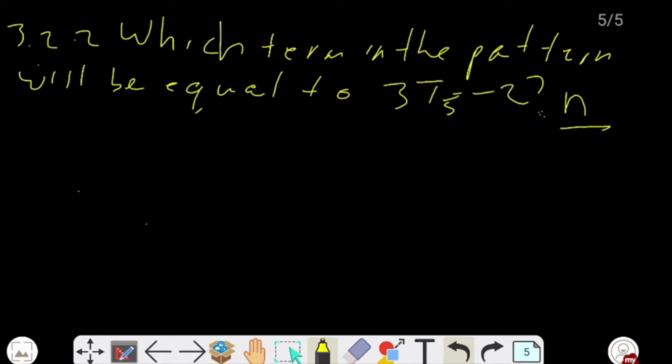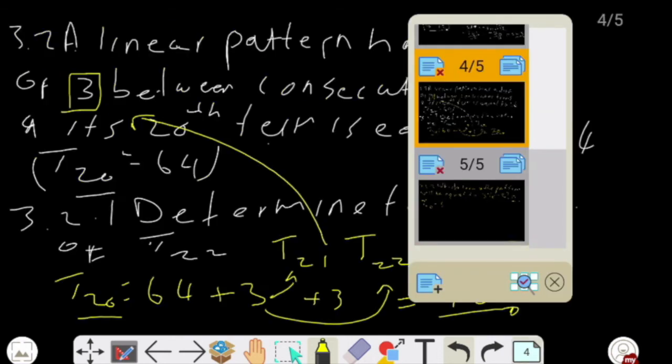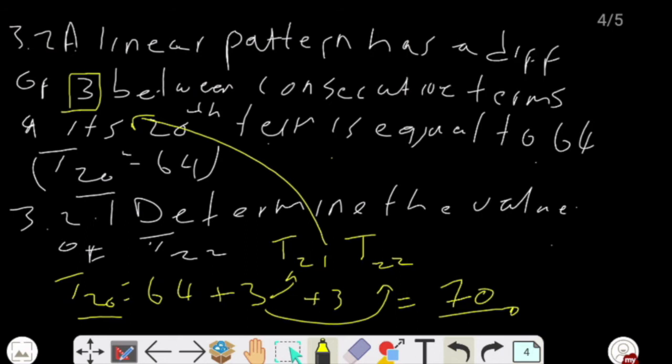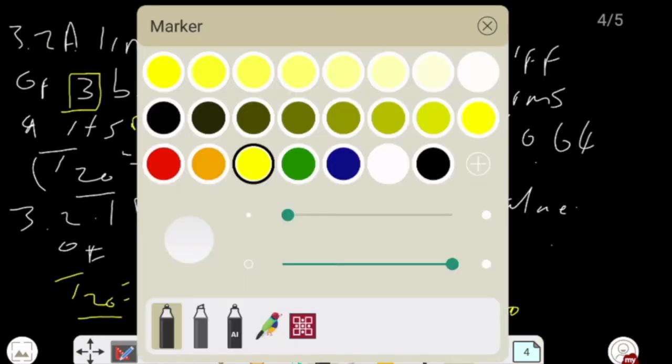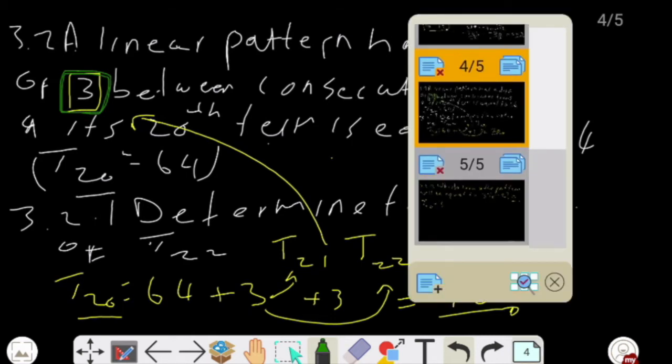We know T20, and we know our A. Our A is our difference, in this case 3.